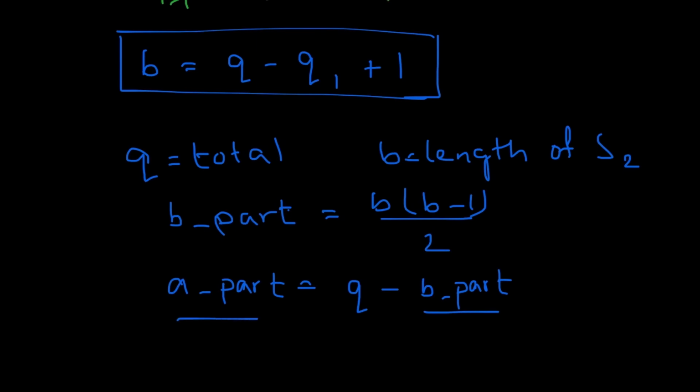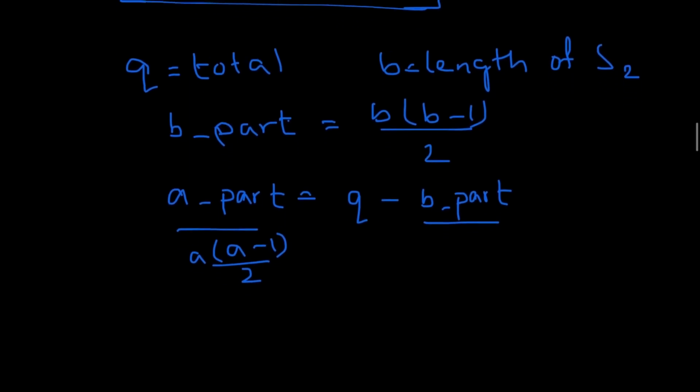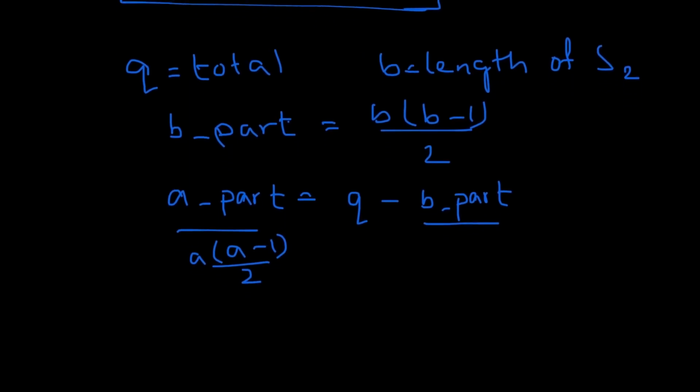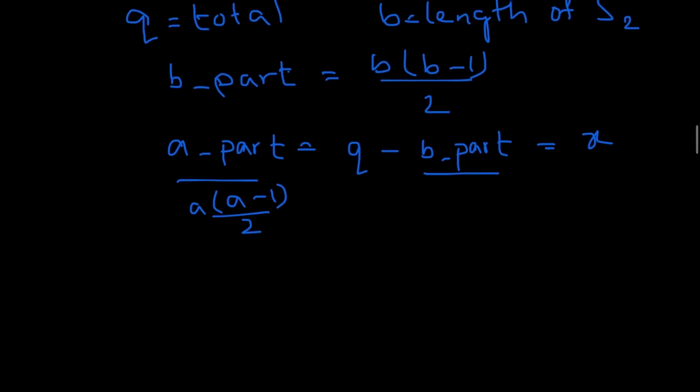Also, I can write the number of inversions in the A part as A into A minus 1 by 2, that is from the formula. So now let's say this value is equal to x. So from this I can form a quadratic equation. I know that in the A part the inversions will be A into A minus 1 by 2, and let's say the value is x.